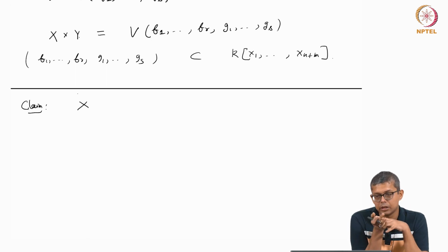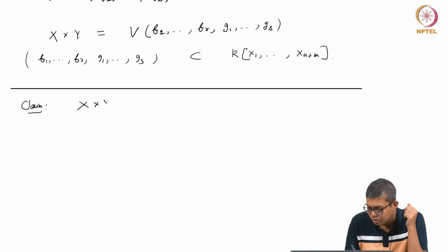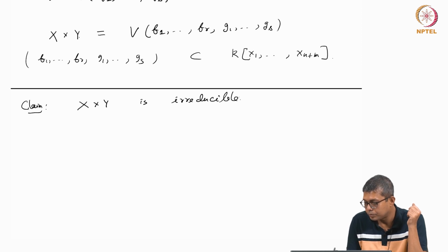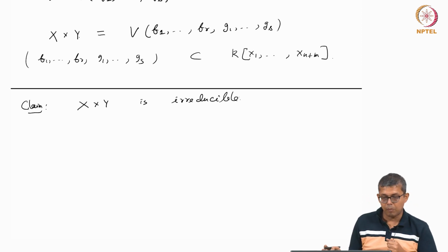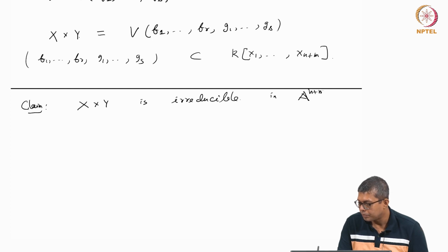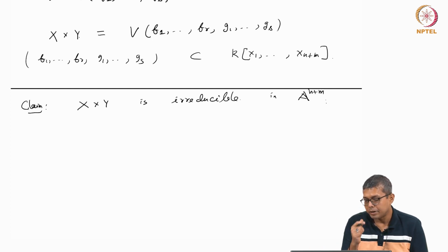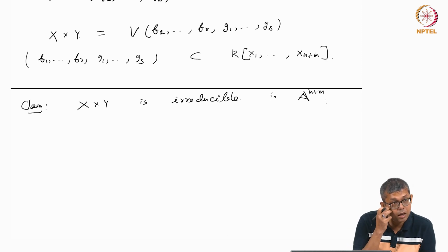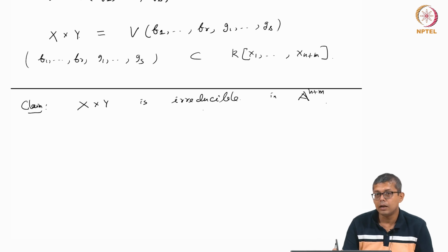Affine variety means, so claim: X cross Y is irreducible in A^(n+m), under the induced Zariski topology.